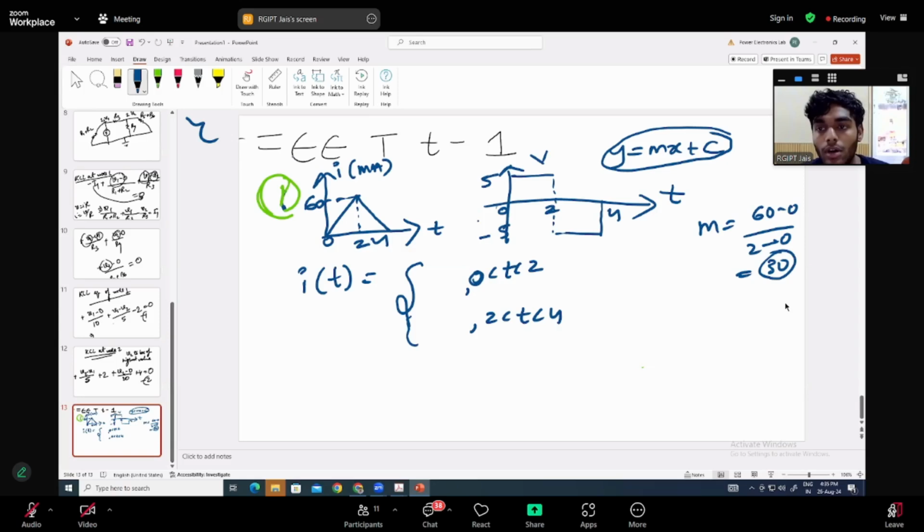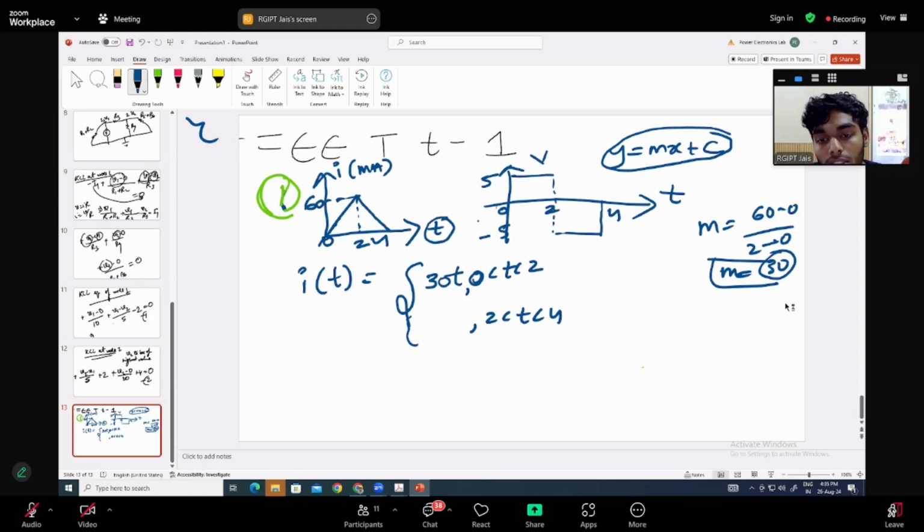For calculating the value of c, as this line is passing through the origin, you can take y equals 0 and x equals 0. So the value of c is 0. So you've got the m value. For the current in this interval of 0 to 2, you will get the equation of the line to be 30t. Here in this graph we are taking time on the x-axis, so we will be taking 30 into t.